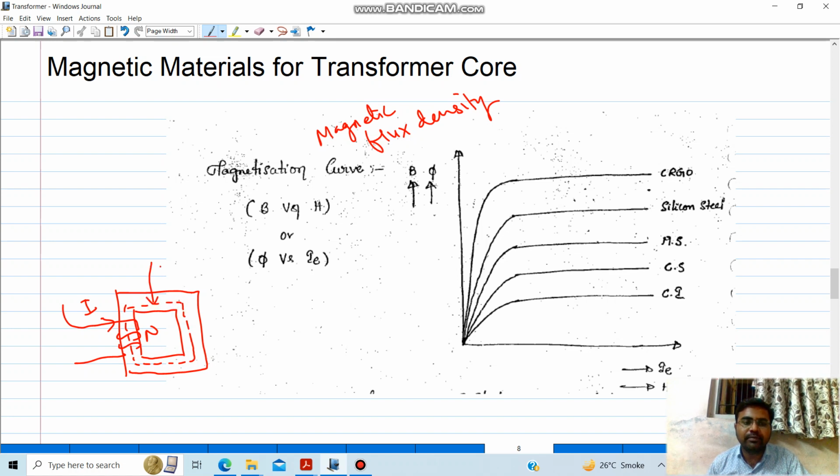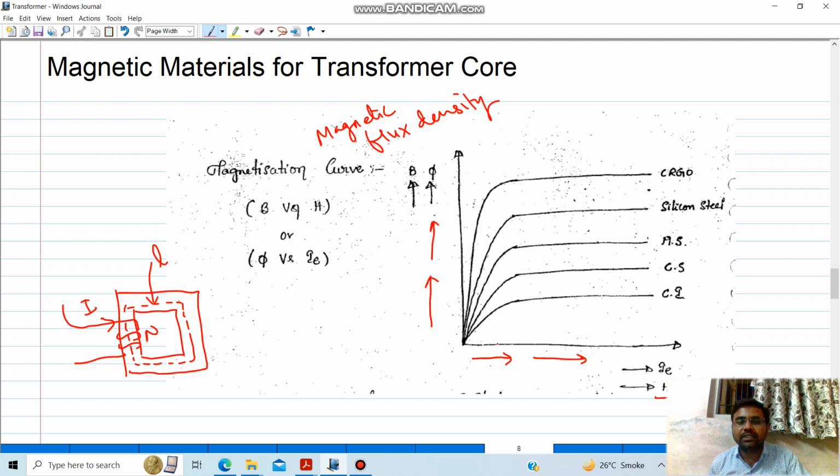So if you sum up everything, this will be L. So this H can be given as Ni over L. If you make the number of turns fixed, and once you choose a core of specific length, then one thing which will vary is the current. Now if you increase the current, your field strength will increase. Based on the field strength, your flux in the core also will increase.